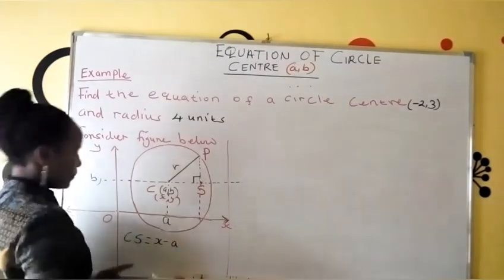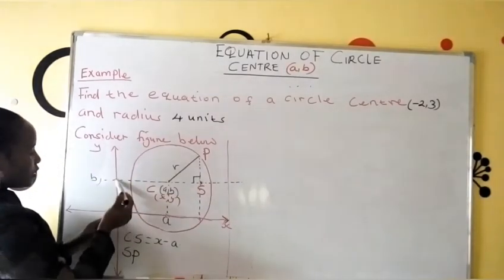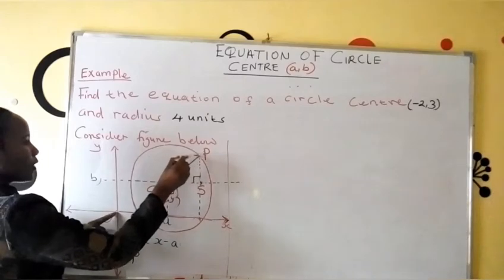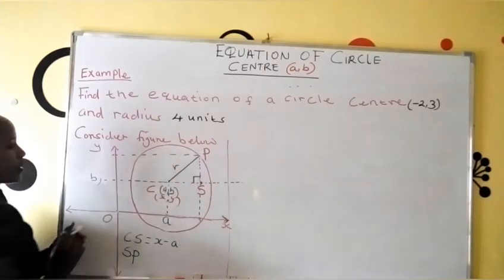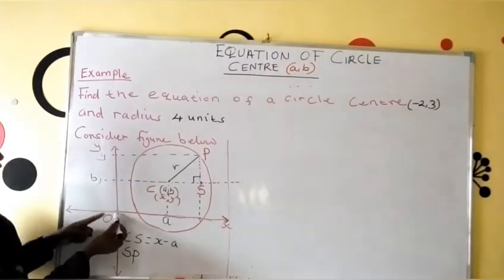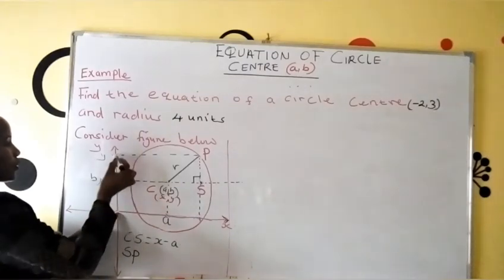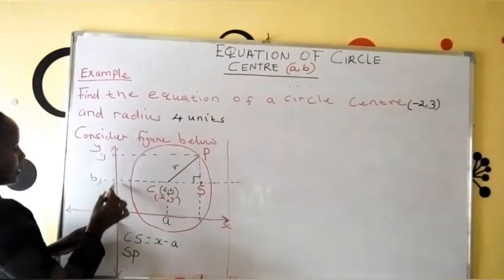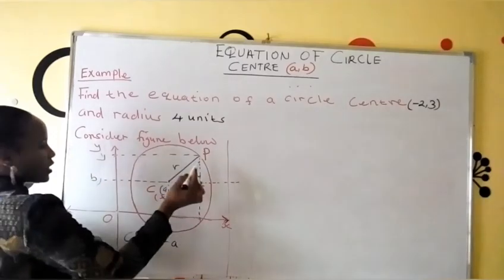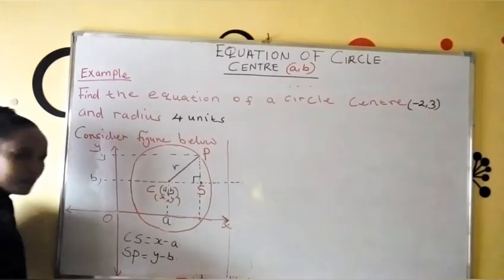Similarly, SP. The distance from the origin to this point is b, and from the origin to this point is y. So this distance is y minus b. So PS will be y minus b.